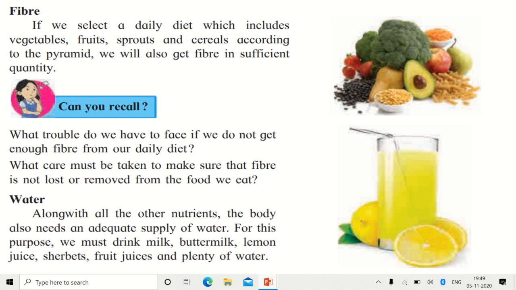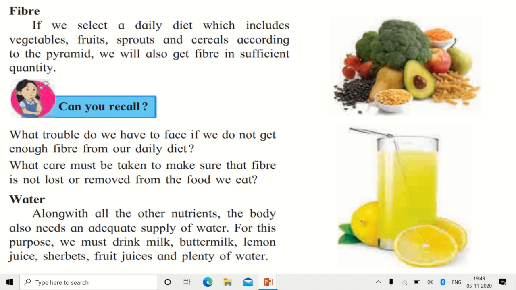If it is necessary, then only we should remove the peels, because the peels contain more fiber. Then when we make chapati or bhakris, we should not sieve the flour. We should use the flour as it is. We should use whole wheat flour so that the fiber remains preserved in that flour.